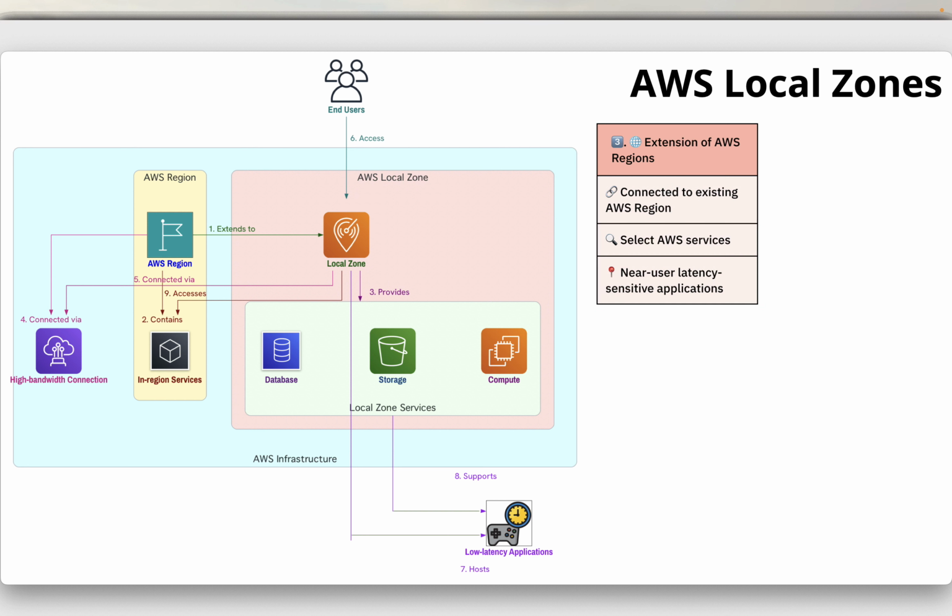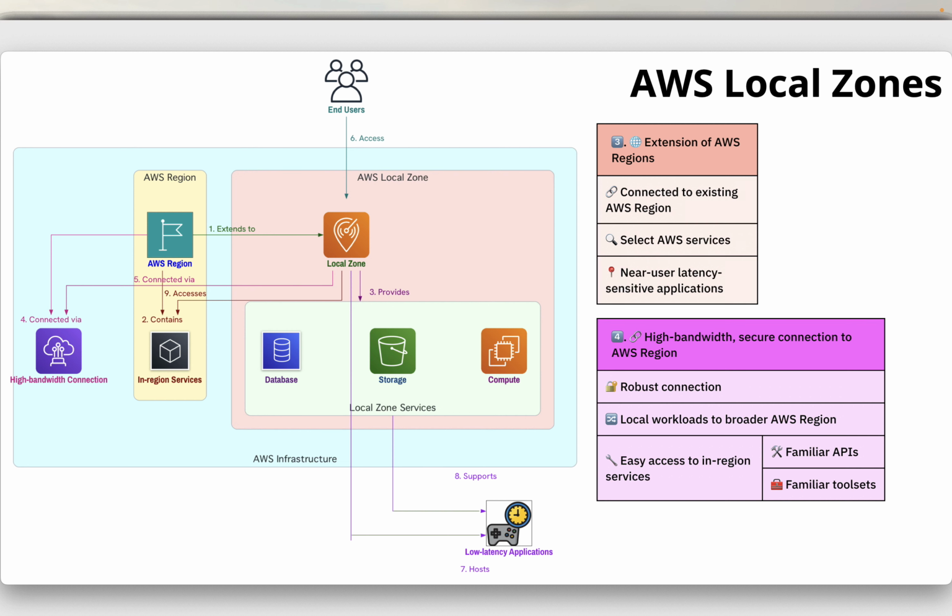Each local zone is an extension of an existing AWS region, offering select AWS services and enabling the running of latency-sensitive applications near users. It provides a robust connection between local workloads and broader AWS regions, facilitating easy access to in-region services through familiar APIs and toolsets.